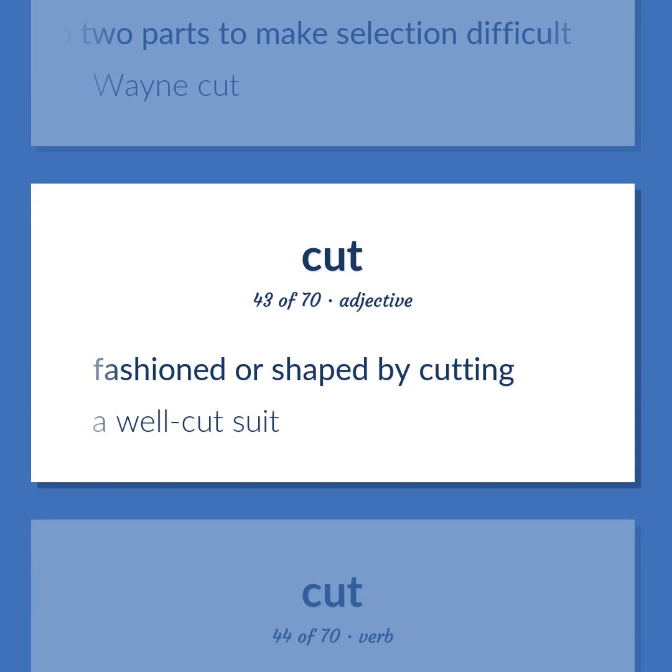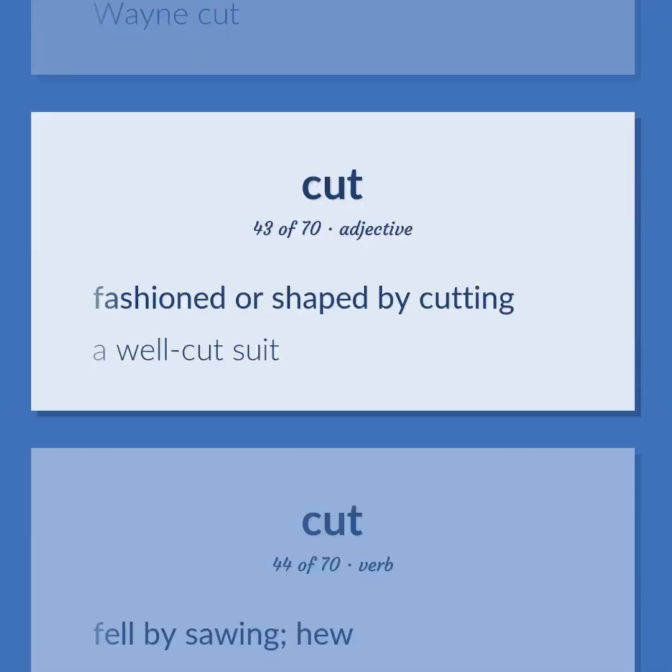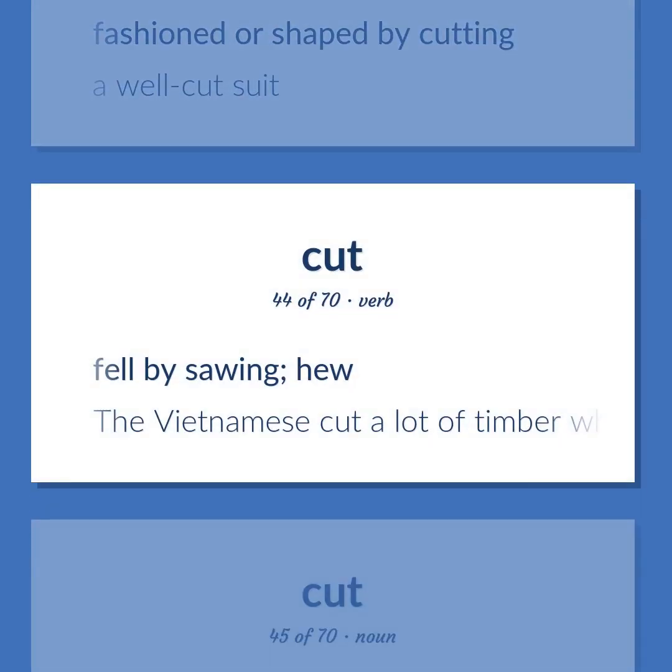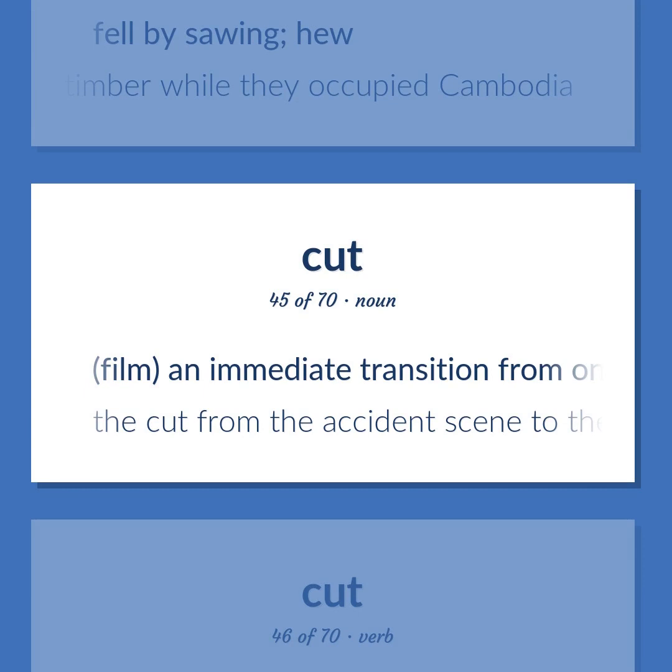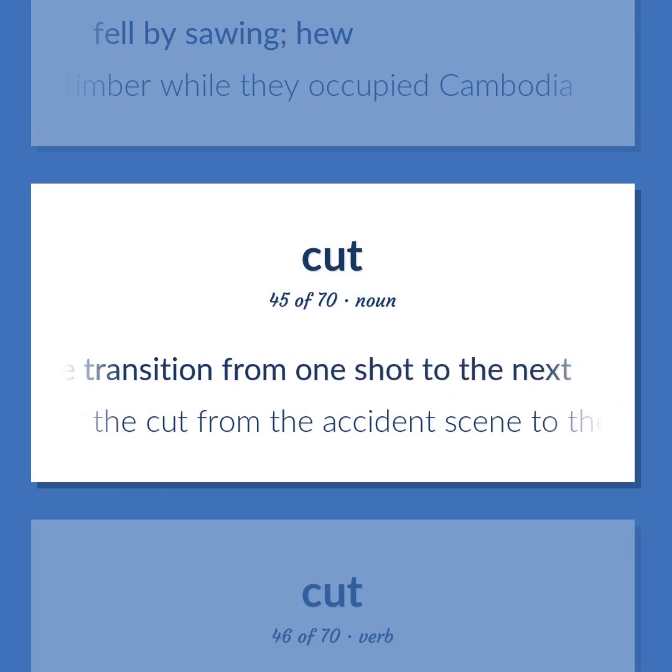Fashioned or shaped by cutting. A well-cut suit. Fell by sawing, hew. The Vietnamese cut a lot of timber while they occupied Cambodia. Film. An immediate transition from one shot to the next. The cut from the accident scene to the hospital seemed too abrupt.